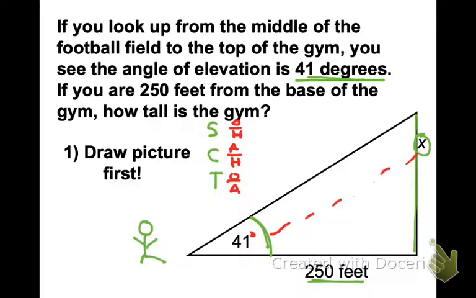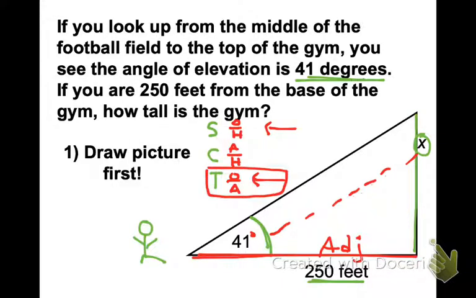X is the side opposite. So we know we're either going to be working with sine or tangent because they have opposite in their ratio. And then we have 250 feet is adjacent. So then I look at my three choices, and tangent is the one that uses opposite and adjacent.